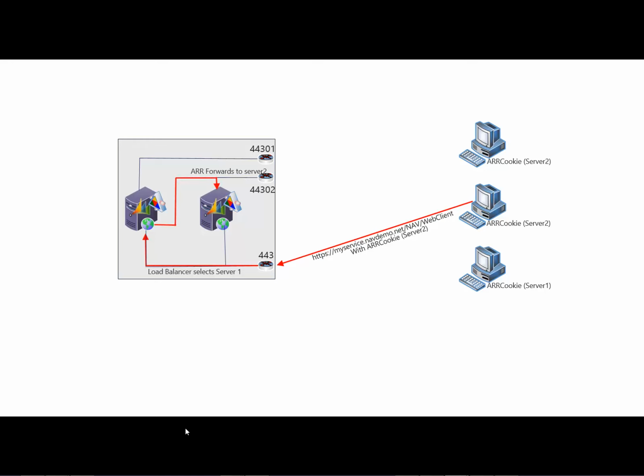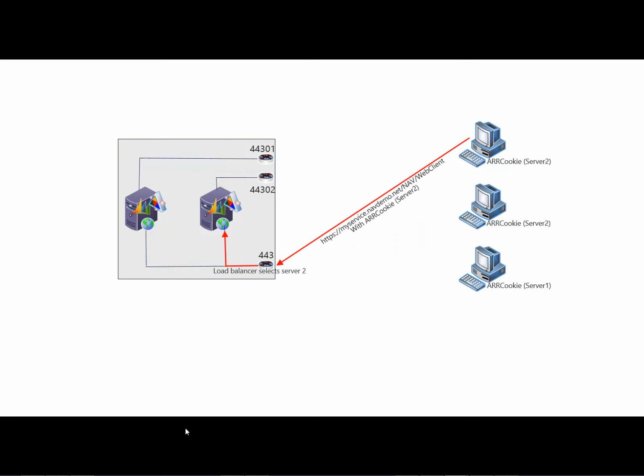User number 2 gets server number 1, but states that he wants to talk to server number 2, so ARR is going to forward his request to server number 2, and the same of course with user number 3, wants server number 2, gets server number 2 by the load balancer, and that one forwards the request to server number 2 because again of the cookie.